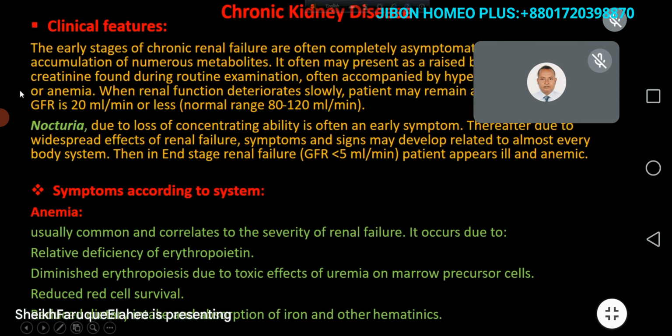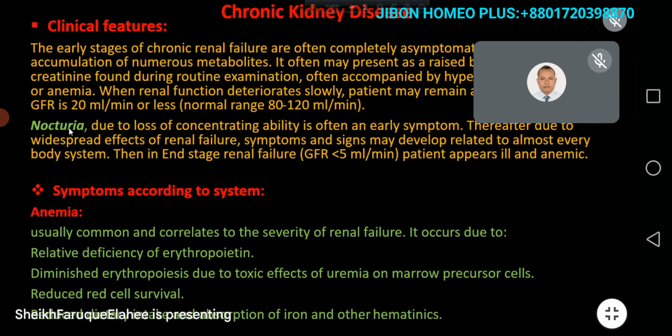Then the first symptom the patient will notice is called nocturia. The patient will say, okay, normal urination in the daytime, but at night, oh, too many times, even before going to bed and even after sleeping. I have to wake up and go to the bathroom many times.